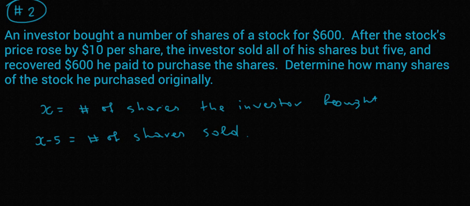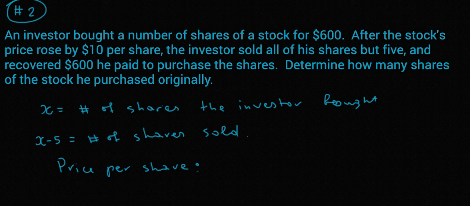Let's think about the price per share. The reason we want to look at the price per share is because in the problem, we are given information about how the price per share changed from the moment of time the investor bought his shares to the moment of time when he sold them.